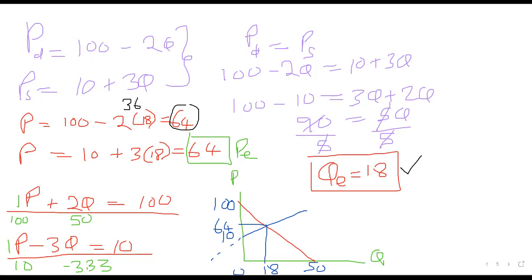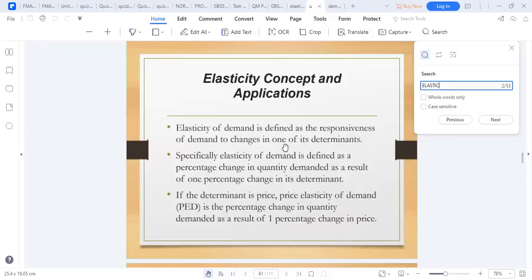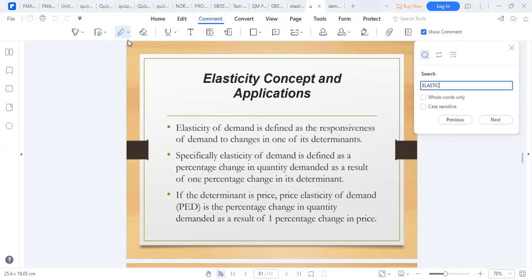So this takes us to a concept called elasticity. Elasticity of demand is defined as the responsiveness of demand to changes in one of the determinants. Remember the determinants? We had what determinant? Price. Price, good. Price gives birth to price elasticity of demand.